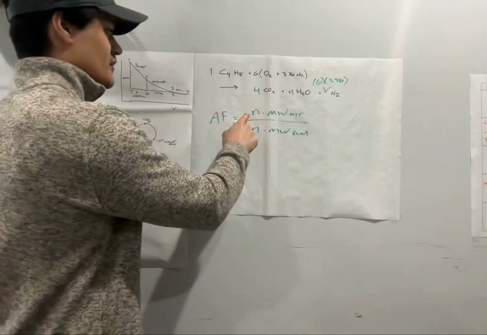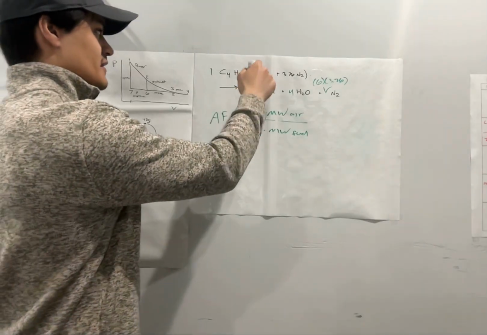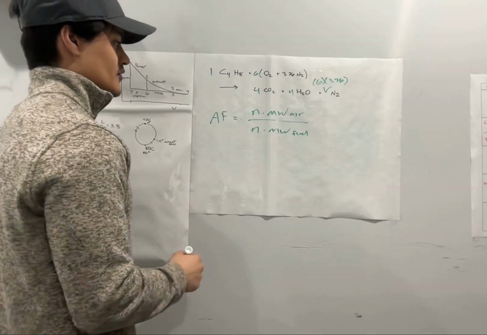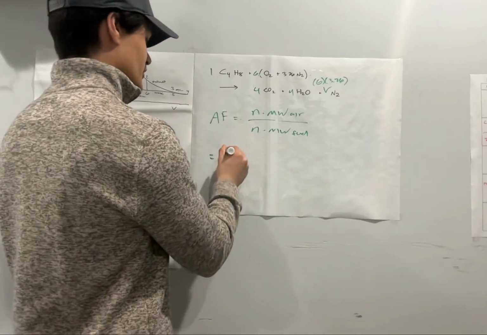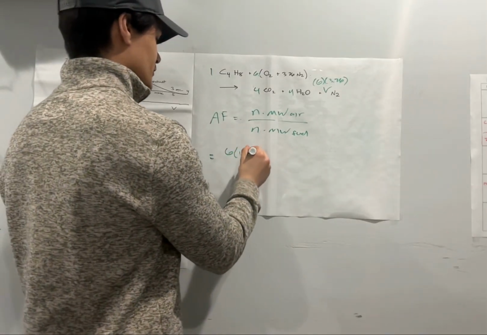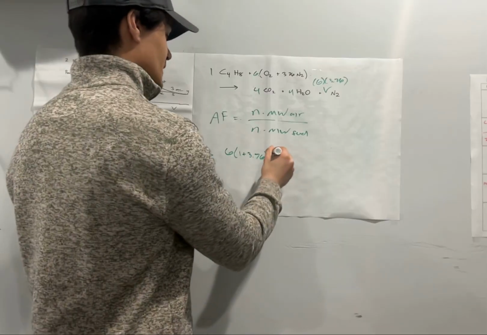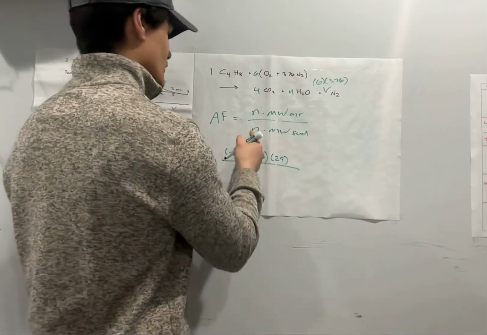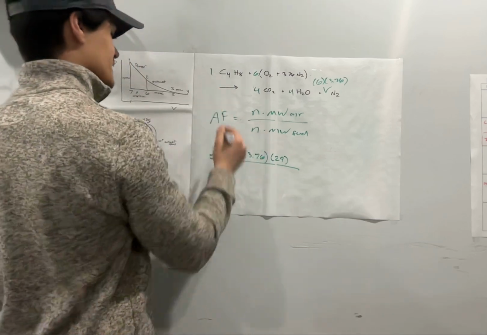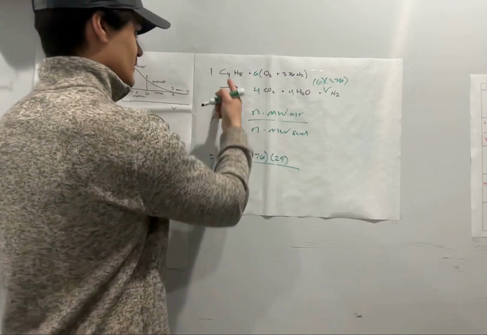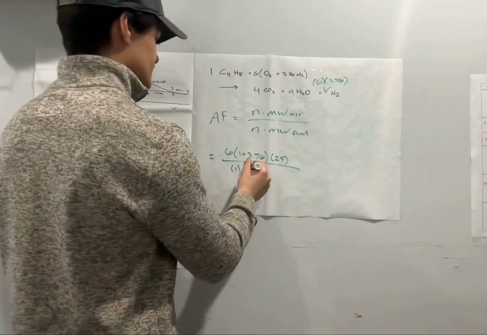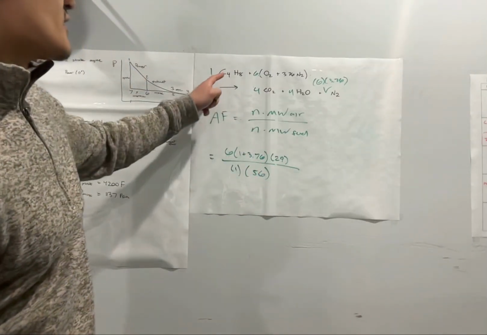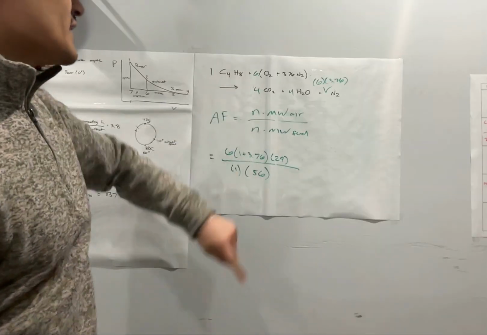So the number of moles for the air is 6 times 1 plus 3.76, times 29, because that's the molecular weight of air, over the number of moles of fuel, which in this case is 1, times 56. 56 is 12 times 4 plus 8.